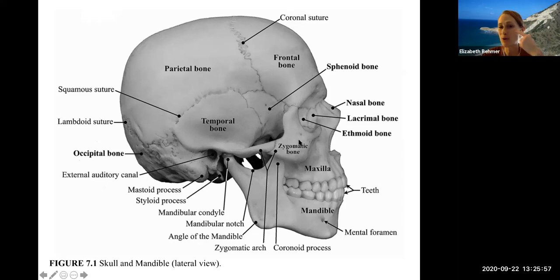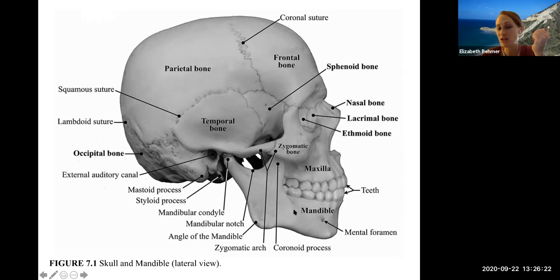The zygomatic bone is your cheekbone. The temporal bone has what we call a process, and when this temporal bone meets up with the zygomatic bone, we call that the zygomatic arch. The maxilla is the bone around your nose and makes up where your top row of teeth attach.